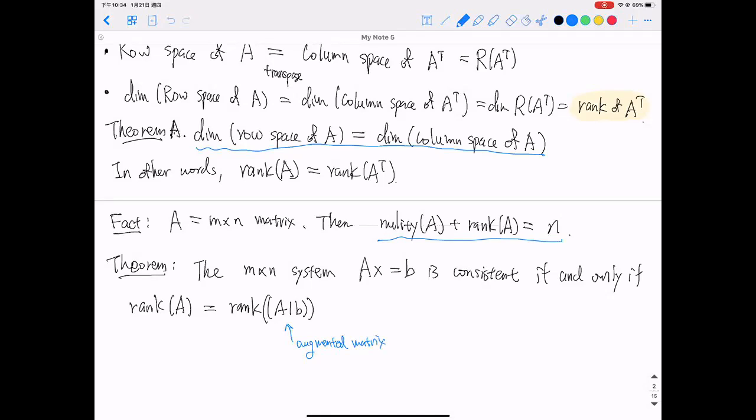And the matrix A, in view of this linear system, is called the coefficient matrix.